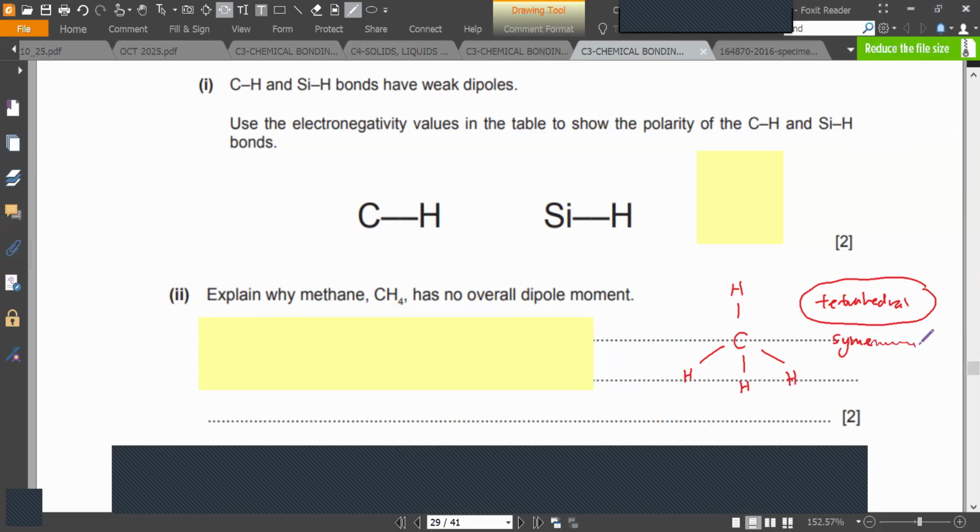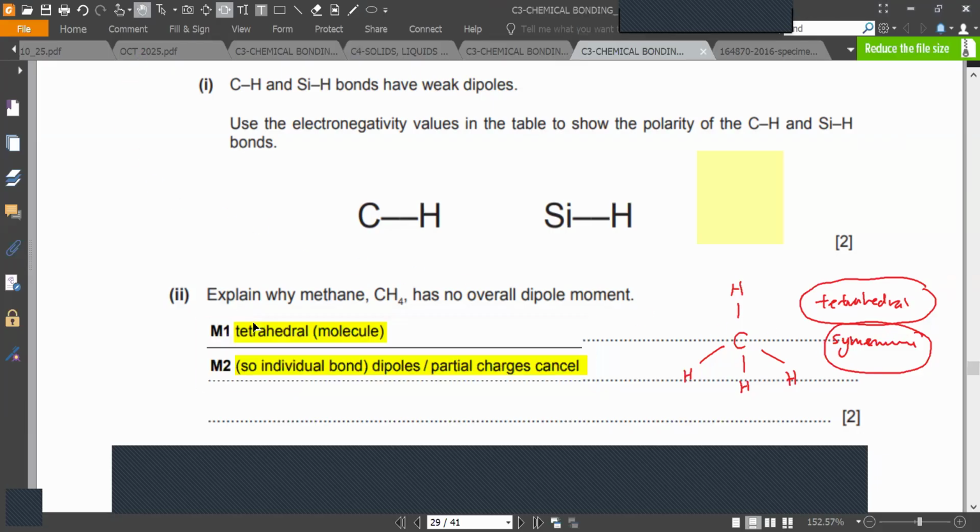It is highly symmetrical, so there is no dipole moment. In a tetrahedral molecule, the individual dipoles or partial charges cancel out because of the symmetry.